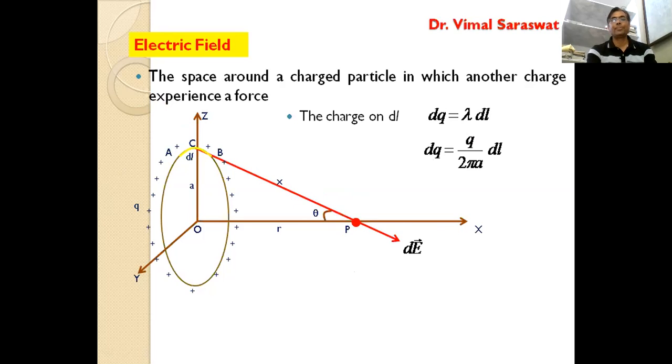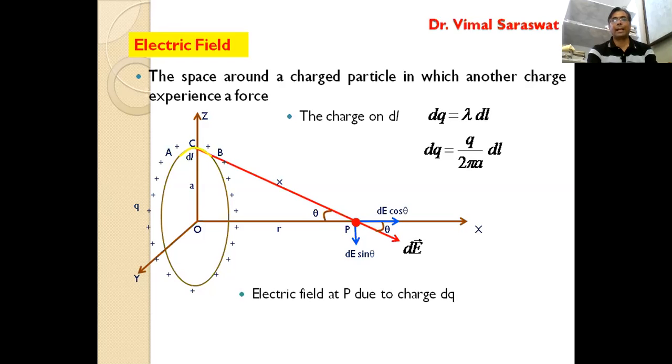This angle is theta, and by geometry this will also be theta. Now we will resolve this dE in two directions, one along the x-axis and another along the z-axis. So these are two components. The normal component is dE sin theta and the horizontal component is dE cos theta.